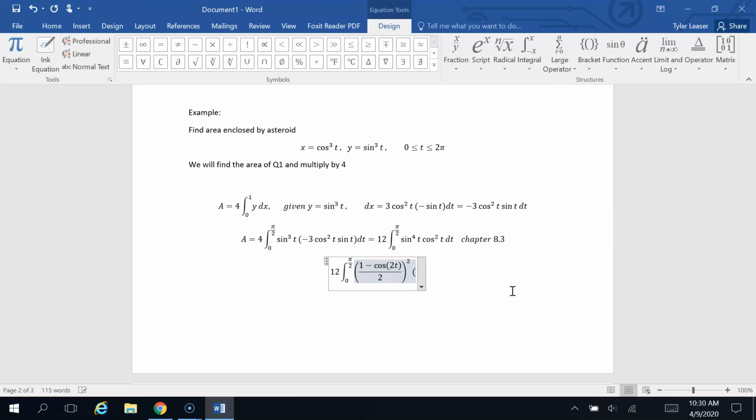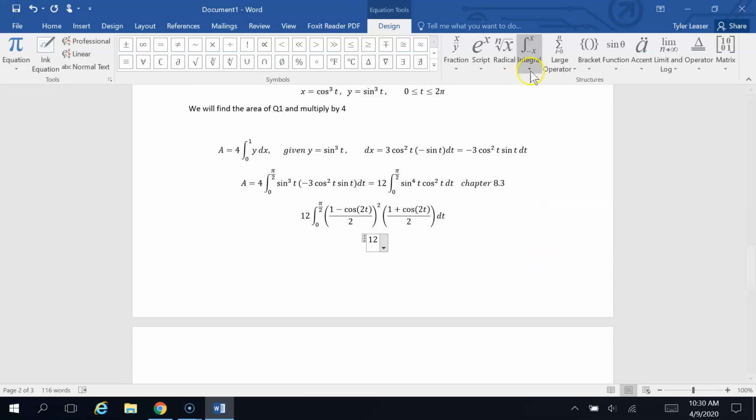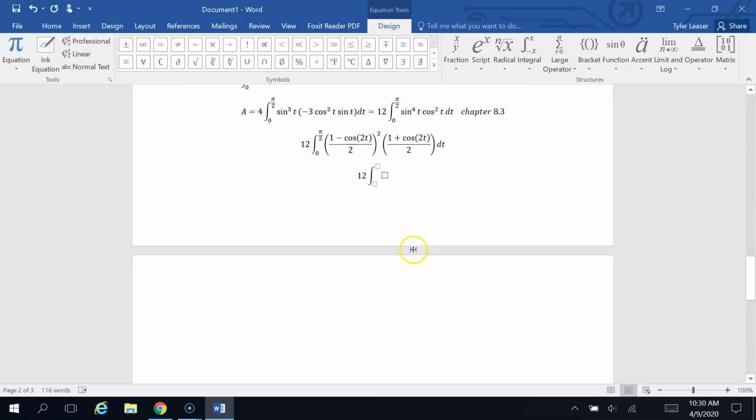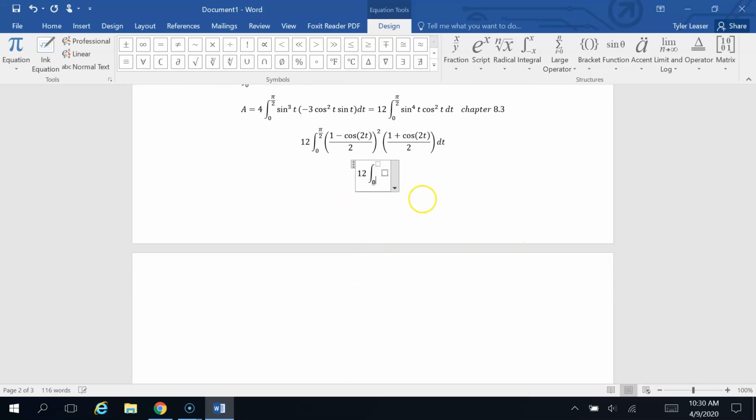The cosine squared, we're going to substitute out with the identity 1 plus cosine of 2t, all divided by 2. That one's not going to be squared, and we still have dt. Okay? Still have the 12 out in front. Sorry, still from 0 to pi over 2.